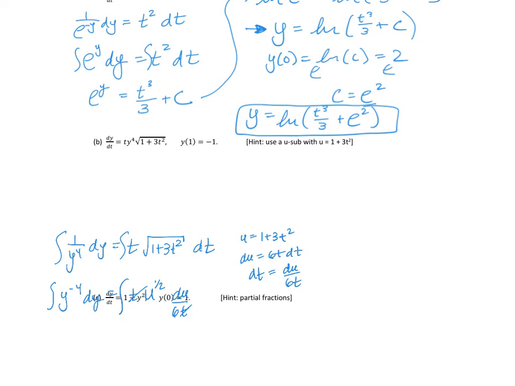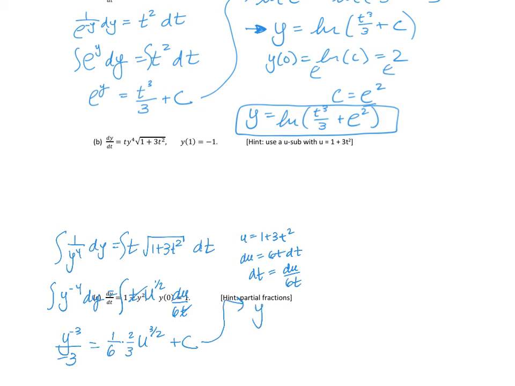So the integral of y to the negative 4th dy, I add 1 to the exponent and divide by the new exponent. And then the integral of u to the 1/2, well, I have a 1/6 out front. And then the integral, I add 1 to the exponent, divide by the new exponent of 3/2, which is the same thing as multiplying by 2/3, plus c. And then I got to plug in my u.